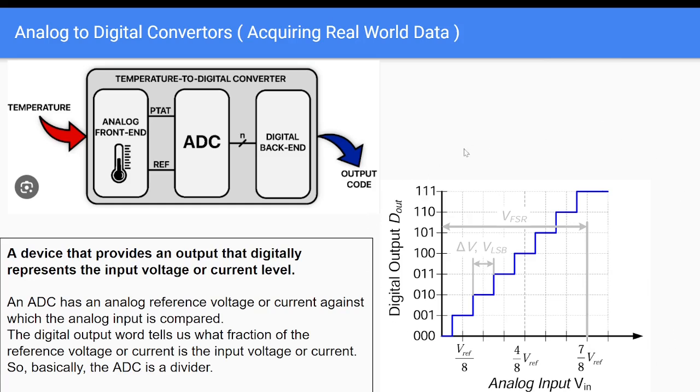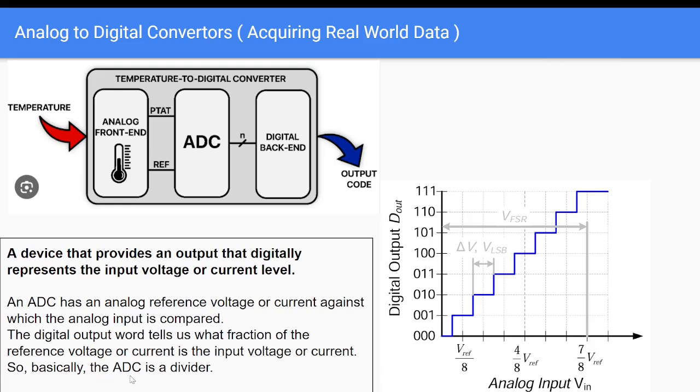We will go further into the more specific details of this, and how it's doing it. But again, since this is a very important slide to understand, we are trying to acquire a real world analog signal, in this case temperature, and we are converting it using an analog to digital converter to the respective digital output.